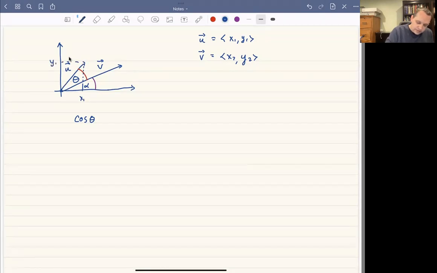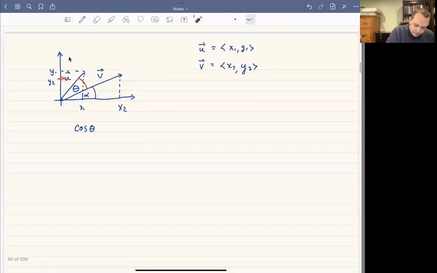Likewise, over here we get x2. I'm not going to draw through my picture, but approximately here is y2. You can imagine a dotted line, that's y2, the height of that second vector. There's no reason really to assume that y2 is less than y1 or x2 is bigger than x1. Arbitrary choices here work just fine.